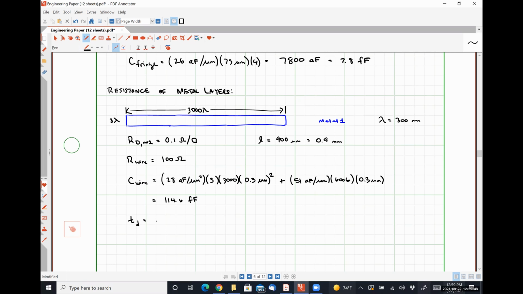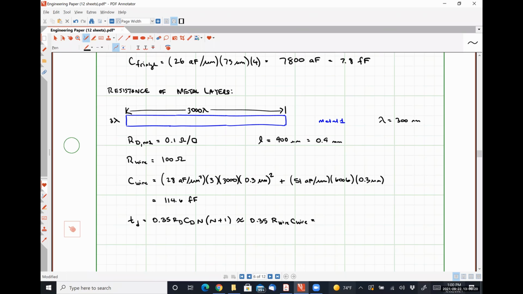I believe we had something along the lines of 0.35 times R squared times C squared times N times N plus 1, which is going to be approximately 0.35 times R wire times C wire, right?